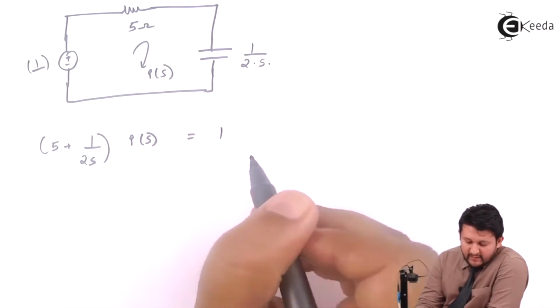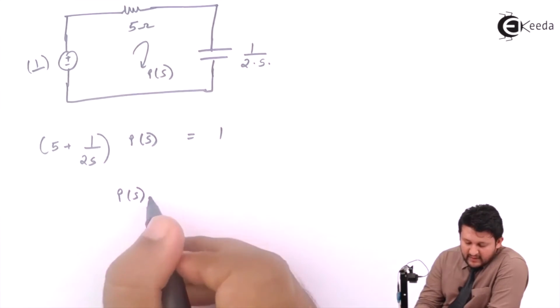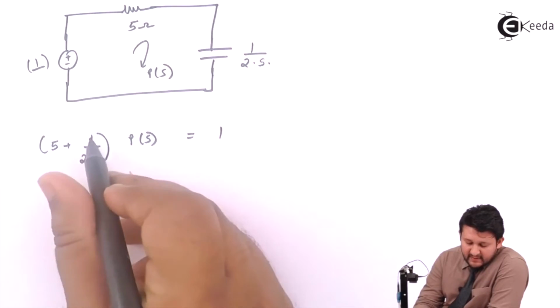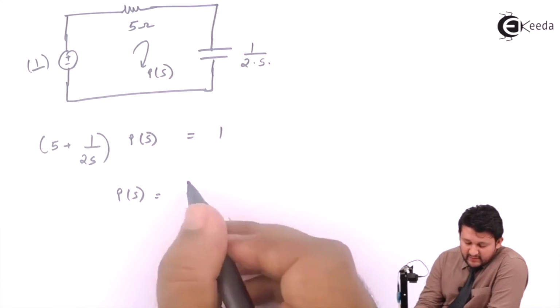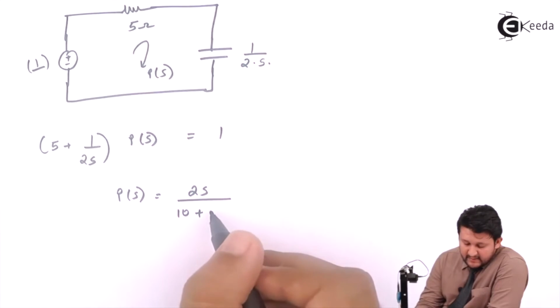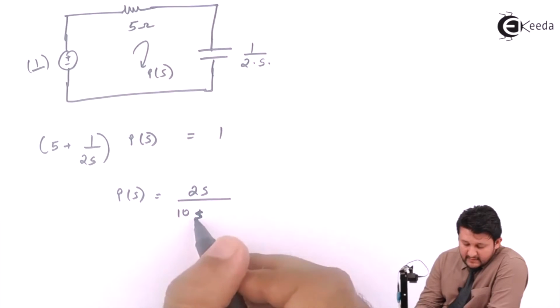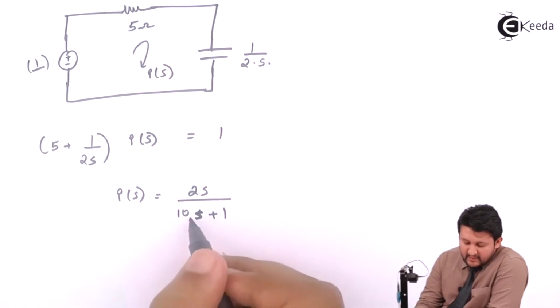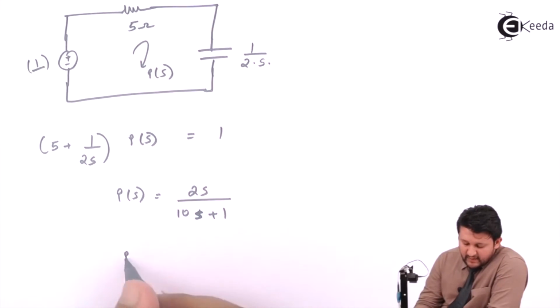Current is negative, it will become positive. So I of S will be equal to 1 upon 5 plus 1 upon 2S. We shift 2S to the numerator, so it will be 2S upon 10S plus 1. So always make the coefficient of S as 1.